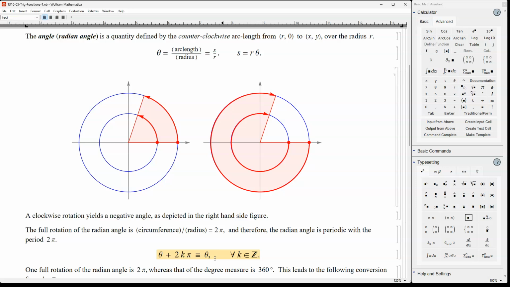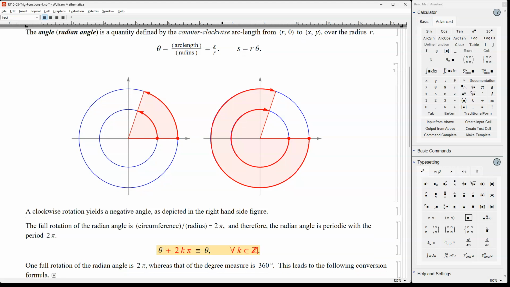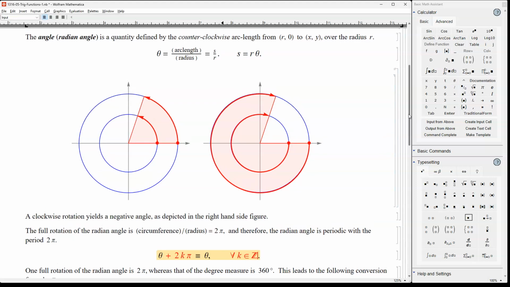There are many other terms, but in terms of the formulation, this congruence notation is widely accepted. In any case, please remember this structure. Plus 2k pi, where k is an integer. For any arbitrary integer, plus 2k pi will end up with a coterminal angle. We're going to come back to the same point.